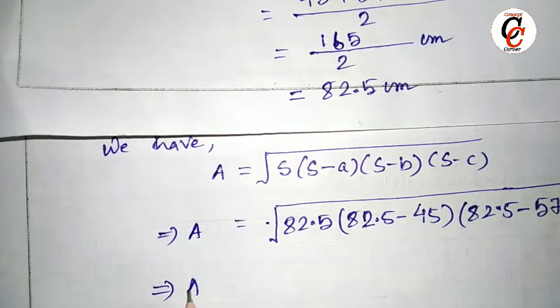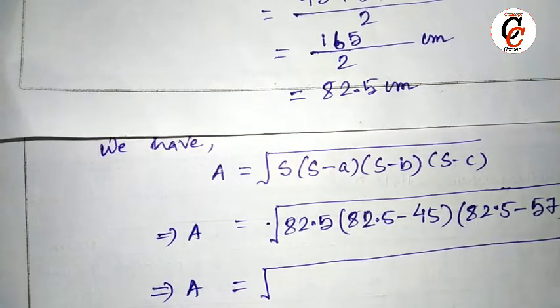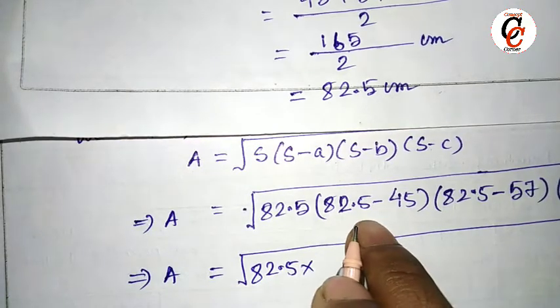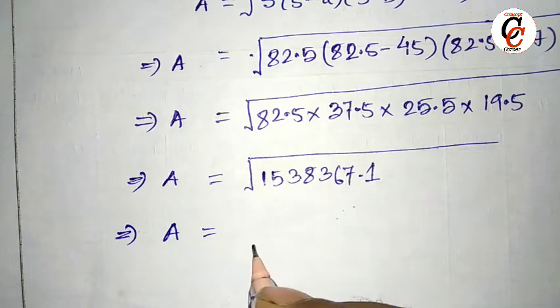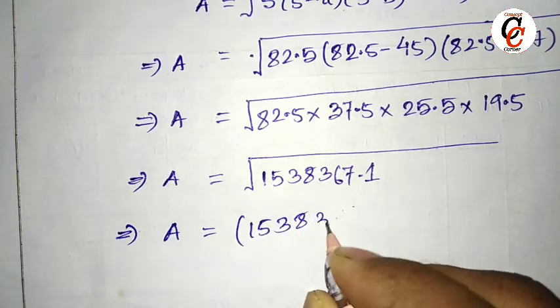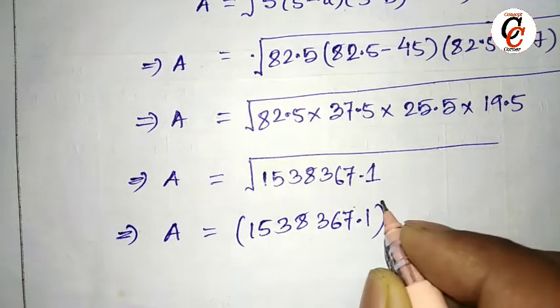So we'll get the value. A is equal to root over 82.5 into, after subtracting we get 37.5, 25.5 and 19.5.